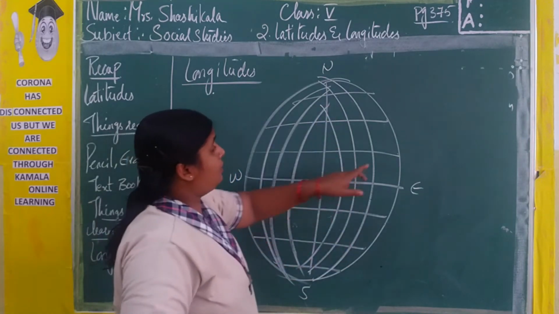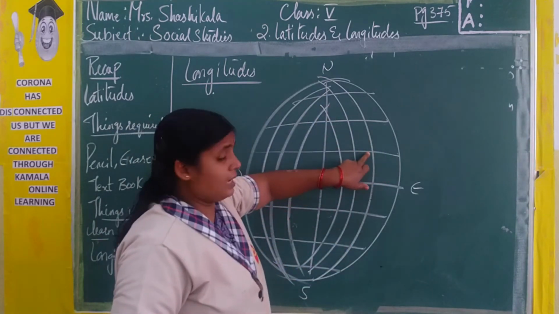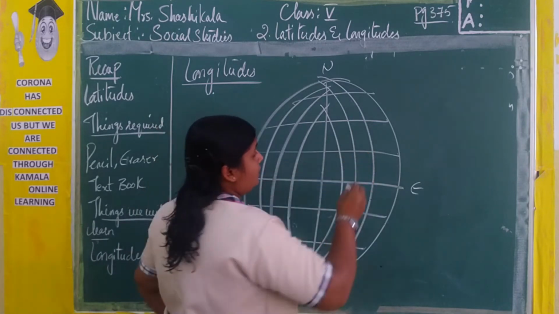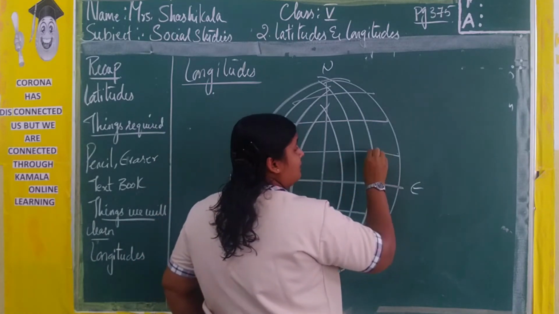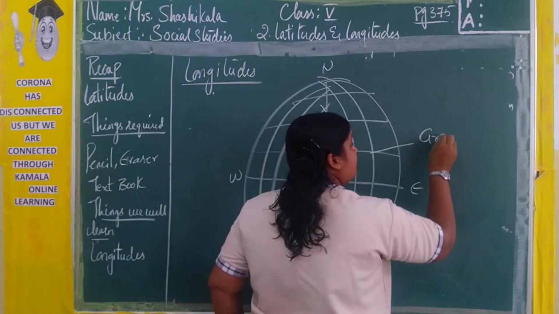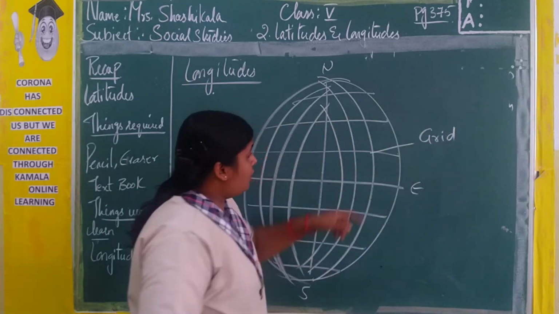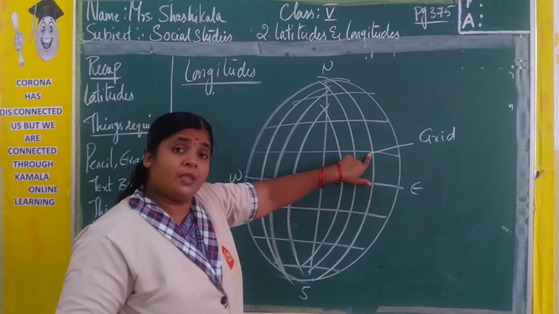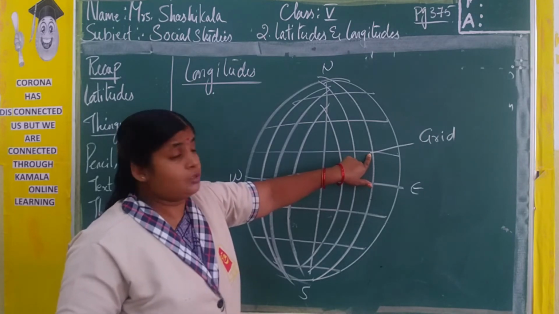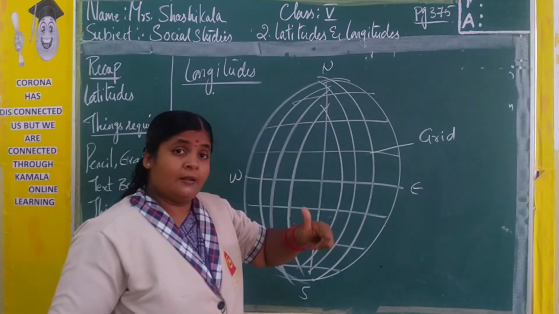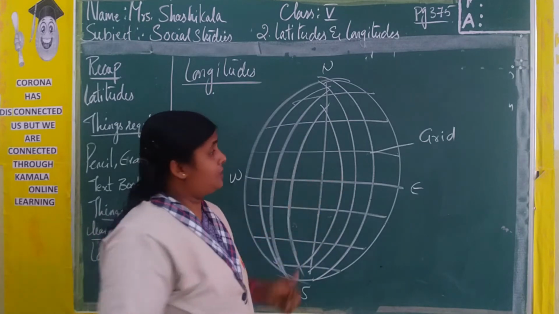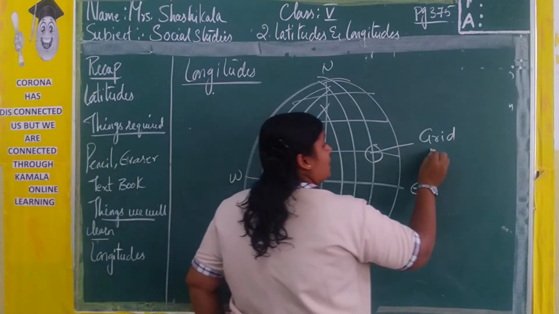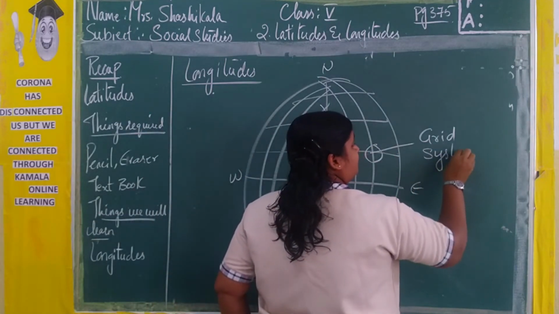Now wherever we have the latitudes and longitudes, this joining point, this intersecting point is known as a grid. With the help of this point, we can know the time and one particular location. So here we get the place and the time of that place. This system is known as the grid system.